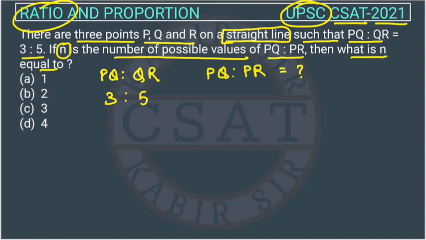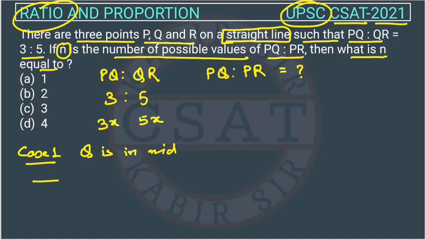So I can assume one variable, suppose x. So PQ will be 3x and QR will be 5x, right? These points are on a straight line, right? So case 1: suppose Q is in the middle, the midpoint.